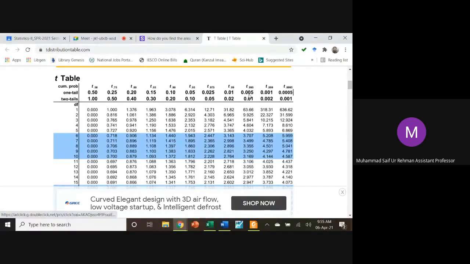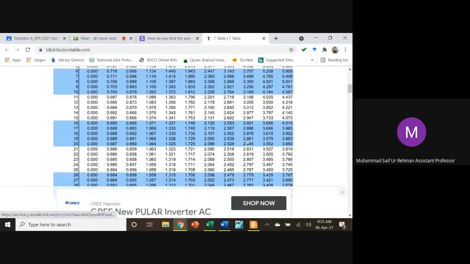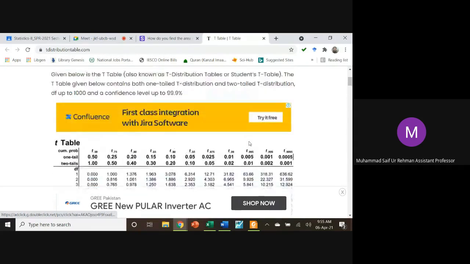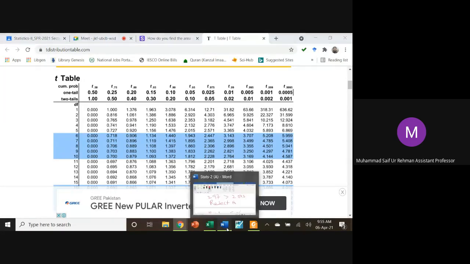This is the p value, the probability value that we have obtained against 0.005. In this particular case, you may straightforwardly use this value, or you may multiply it by 2 if you are going to compare it with the given level of significance, which was 0.05. Let me explain this.